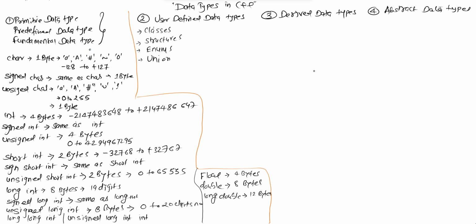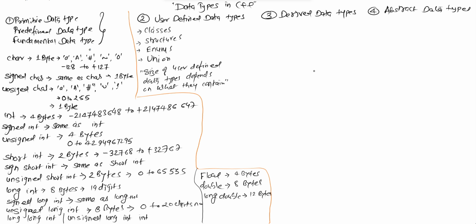These are the user defined data types which user can create, and the size depends on what it contains. So I can write here: size of user defined data types depends on what they contain. So it's not fixed actually.